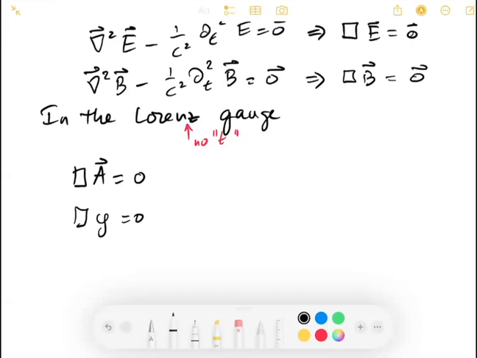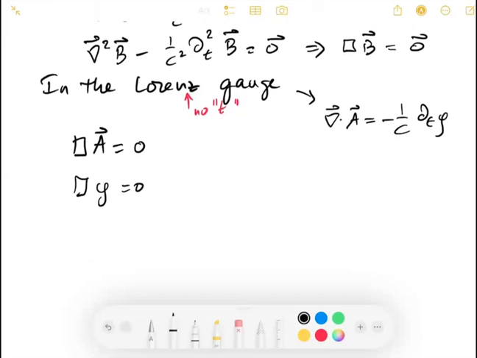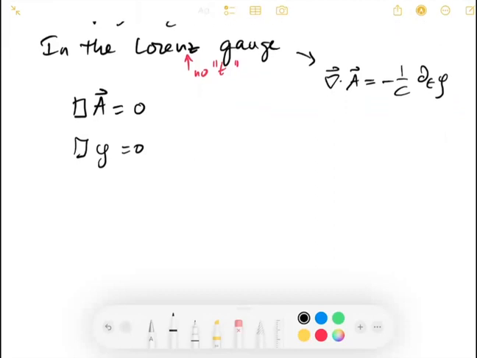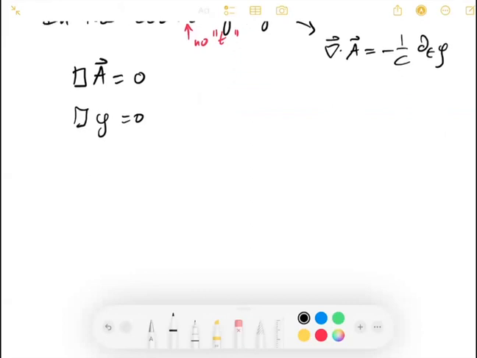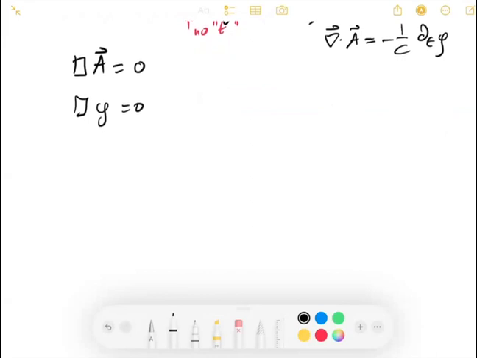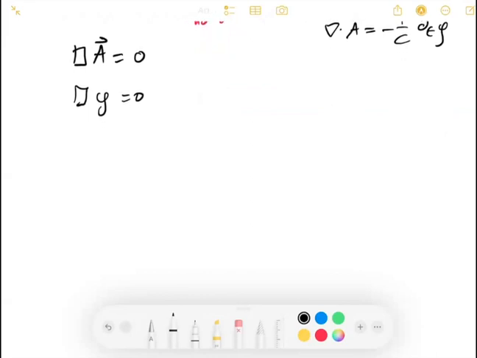And the Lorentz gauge, remember, was that the divergence of A equals minus 1 over c del t of phi. And then in the Coulomb gauge, it looks a little different.